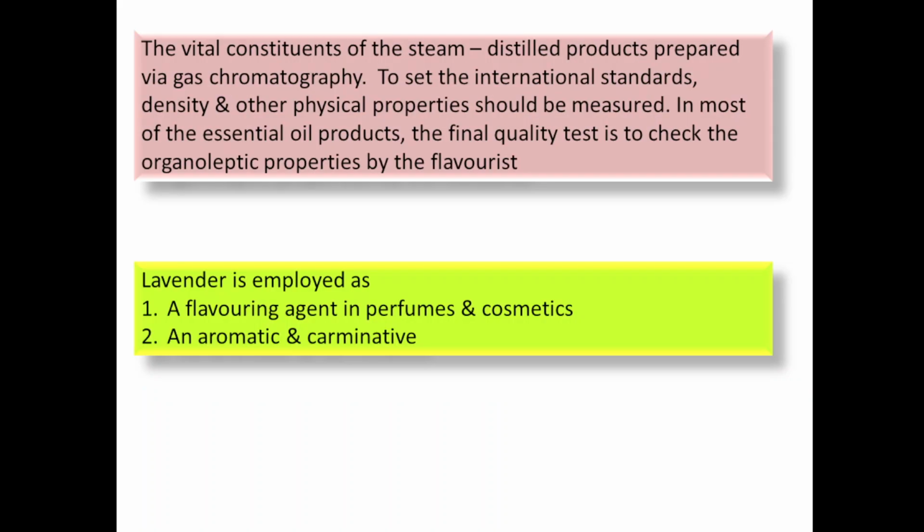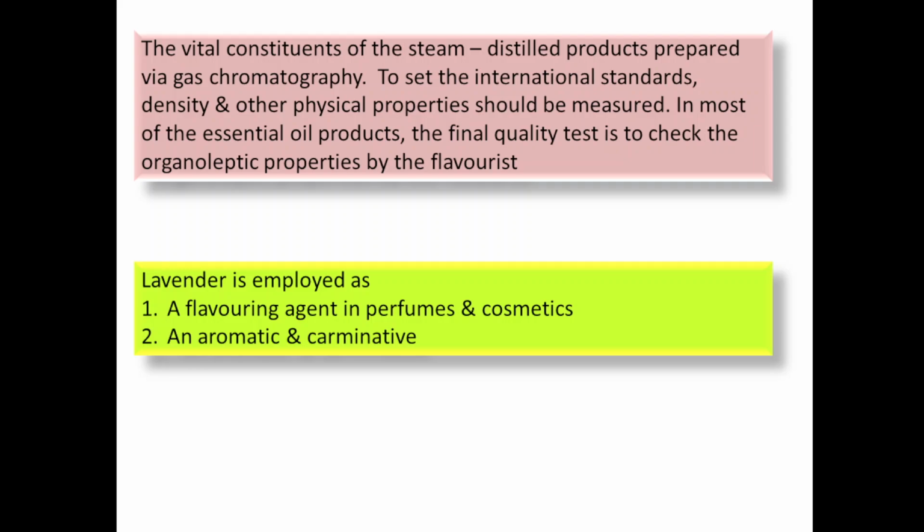The vital constituents of the steam distilled product are analyzed by gas chromatography, and to set international standards of lavender oil, the density and other physical properties should be measured so that it can be sold in the international market.